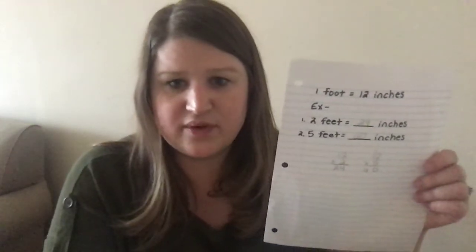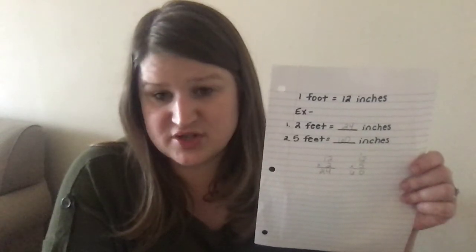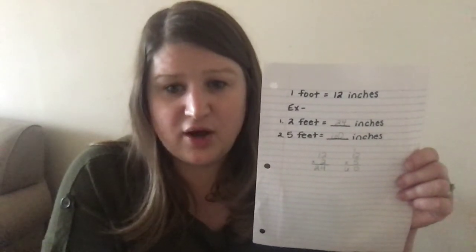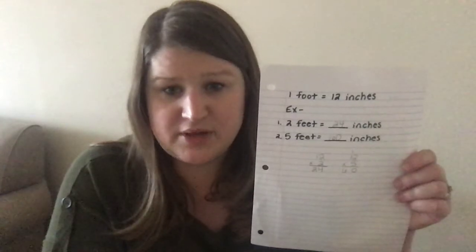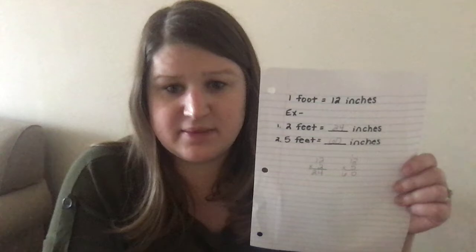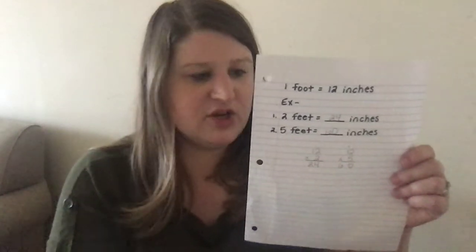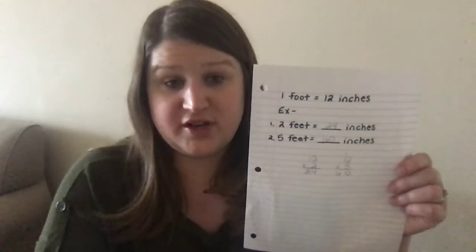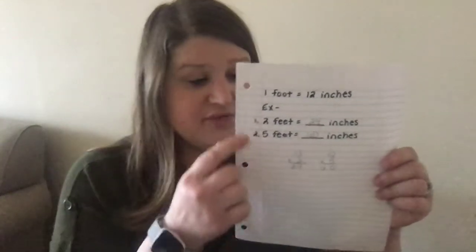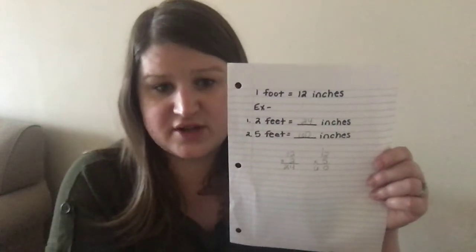So 3 feet, so 3 of these, equals 1 yard. But let's get back to some of the problems that we did last week just to review. We talked about that 1 foot equals 12 inches. Remember, to figure that out, all we had to do was multiply. I had attached a multiplication chart to the email so you were able to see it if you needed help with it. If you have 2 feet, that would be 24 inches.